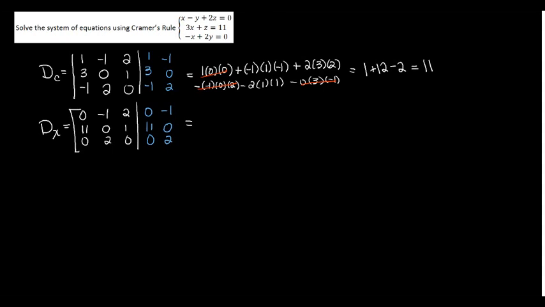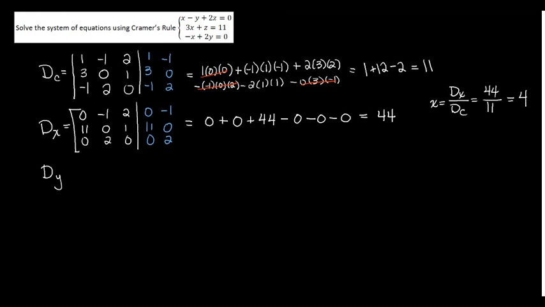So the first main diagonal is 0, plus -1 times 1 times 0 is 0, plus 2 times 11 times 2 is 44, minus 0 minus 0 minus 0. So I get 44. That means x is d sub x over d sub c, which is 44 over 11, which gives me 4 for x.